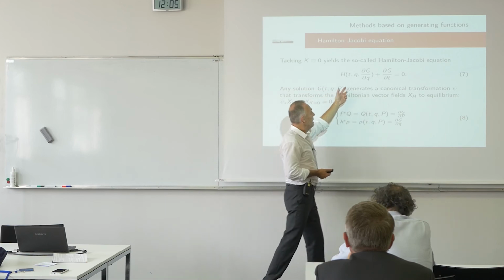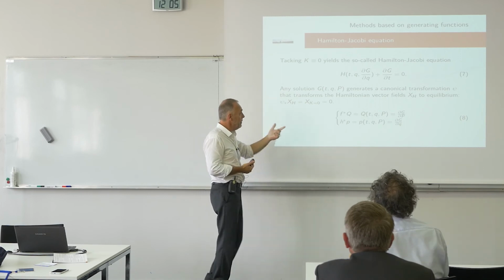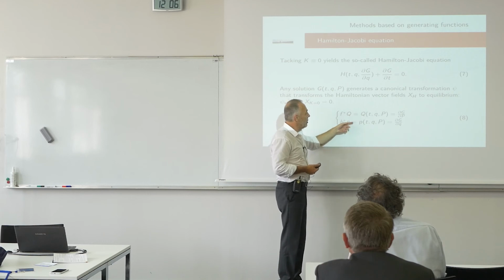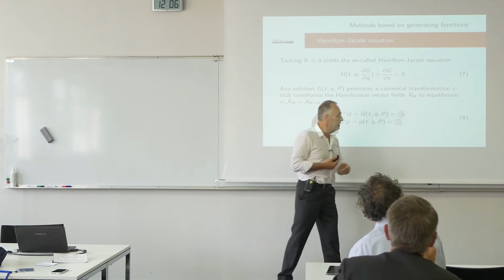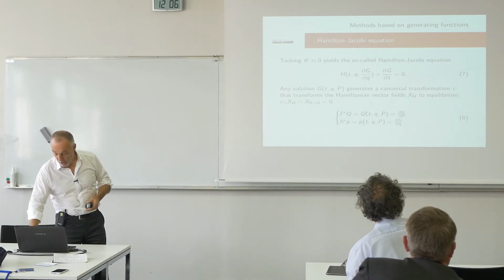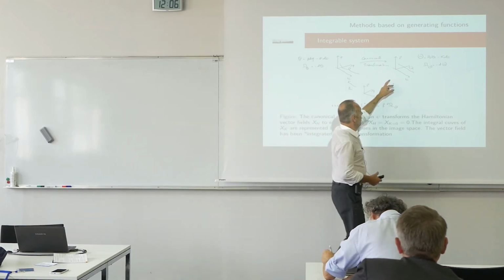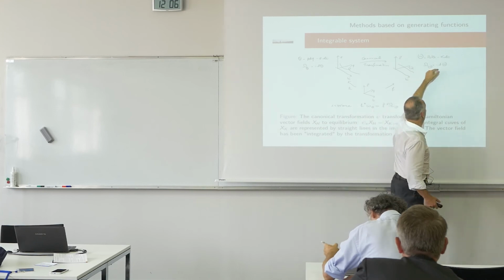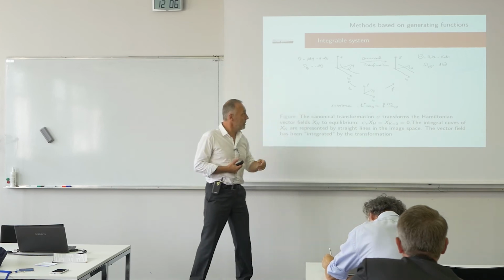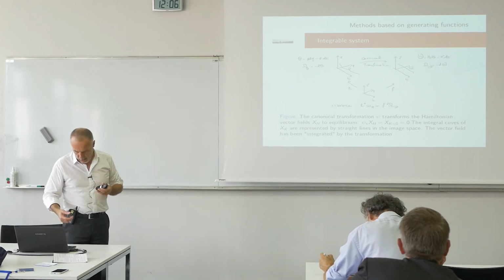At the end, we will have to fit this equation, and the future numerical algorithm will be given by the derivatives of the generating functions. The important thing is that if k is 0, then the system is really easy to integrate. We have a straight line, the momenta are constant, and the positions will also be constant.